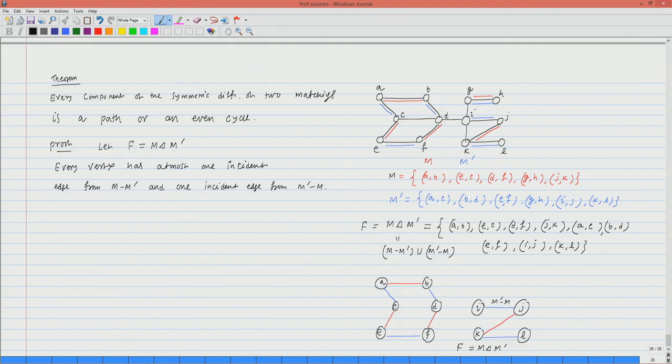So, this implies that every vertex can have degree maximum 2, thus we write delta F. See, this delta and this delta are different; this is the symmetric difference and capital delta is the notation for the maximum degree of the graph F. So, the maximum degree of the graph F is at most 2.